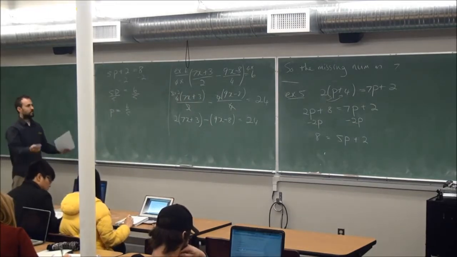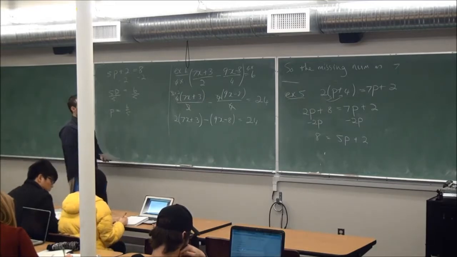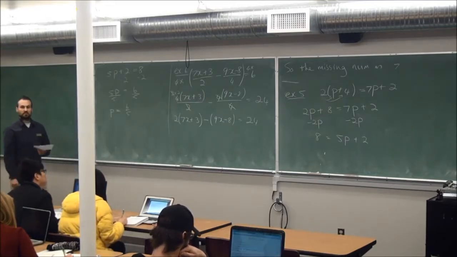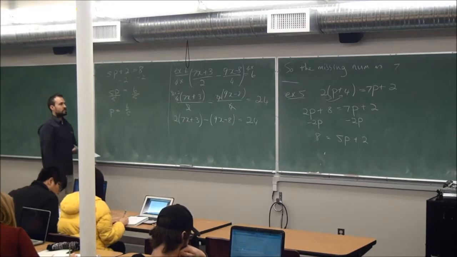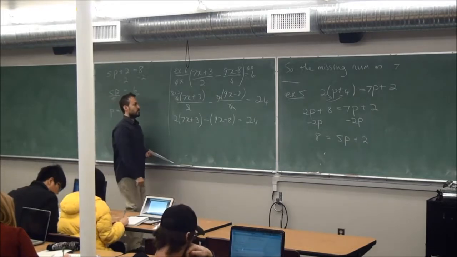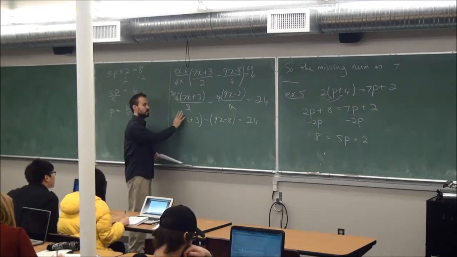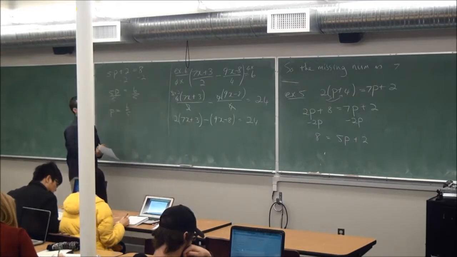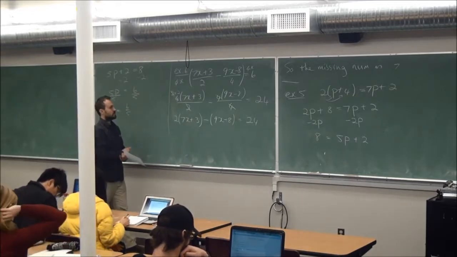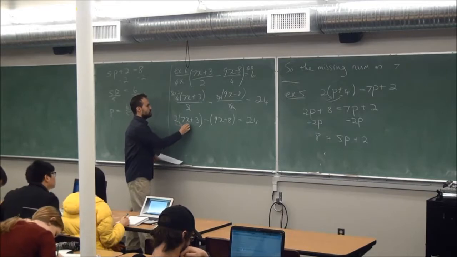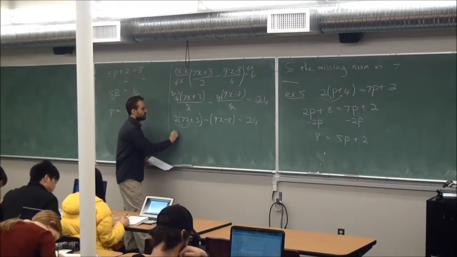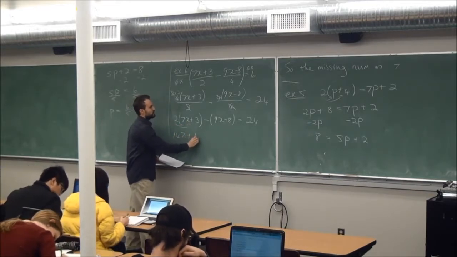Now again, you have different backgrounds, different memories. My memory is terrible. If I don't do something often, then I just forget. So I want to make sure everyone understands how to simplify equations. Now I'm going to multiply the 2 into this first bracket to get 14x plus 6.